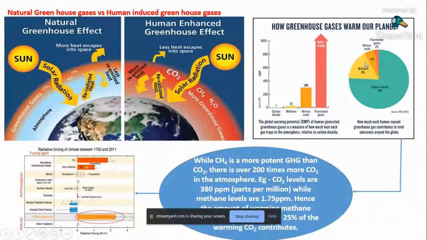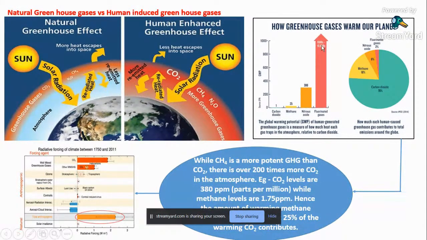Here, I can categorically mention carbon dioxide is contributing 76% to global warming. Methane is 16%. Nitrous oxide is only 6%. Other gases are 2%. Otherwise, nitrous oxide is effective 300 times more than CO2.